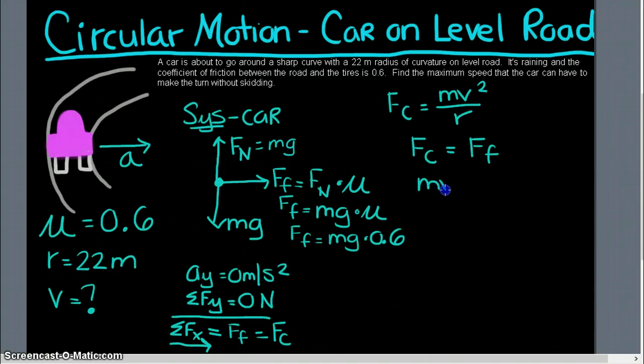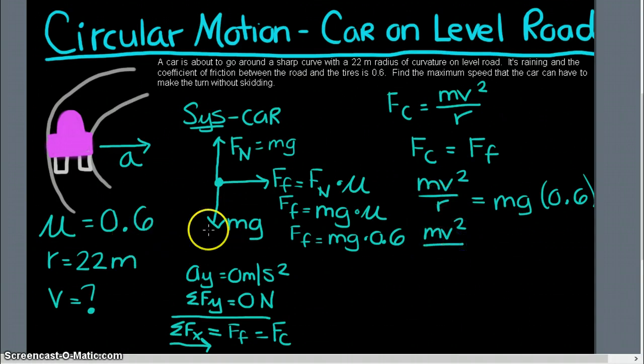So in other words, mv squared over r is equal to our frictional force, which we have as mg times 0.6. M is not given in the problem, and v squared is what we're looking for. So our mv squared stays how it is. The radius is given in the problem as 22 meters.